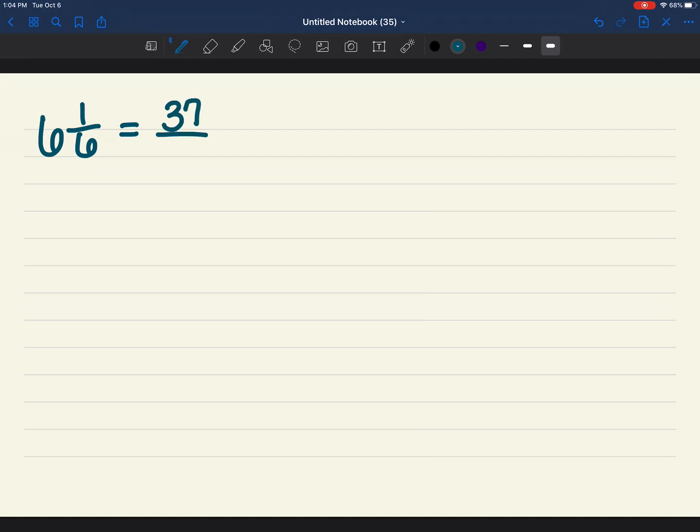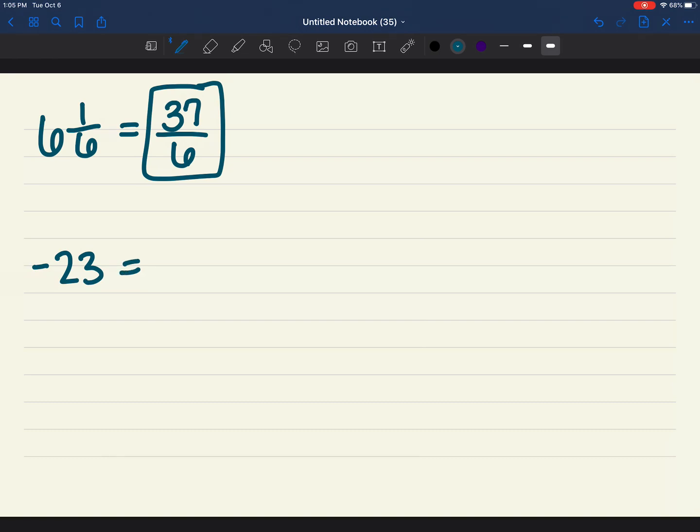What's 36 plus 1? 37. What would you put that over, Kylie? 6. How do you know to put it over 6? Because that's the denominator. Good. So every single time, you guys, you have a mixed number, you start with the whole number, multiply down, add up. Okay?